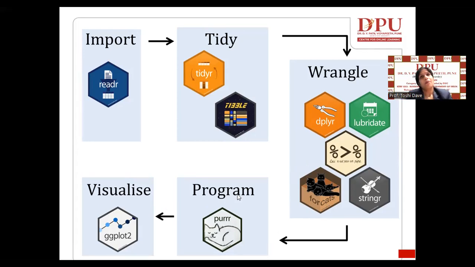Now, because in data processing there is a step of data wrangling and data transformation for which we use dplyr. Dplyr is a very interesting package. Why? And it is very useful also. Why? Because this package in R is basically used for data manipulation.